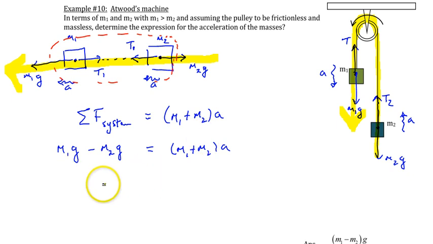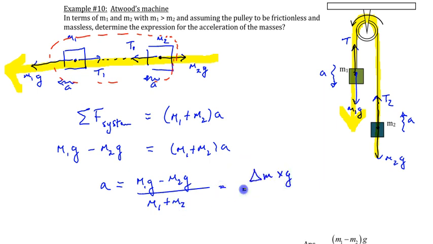So once again, you have A equals M1G minus M2G all over M1 plus M2. Same thing. You could think of this as delta M times G divided by the total mass. That's another way of looking at it. So there's another way of doing the same problem.